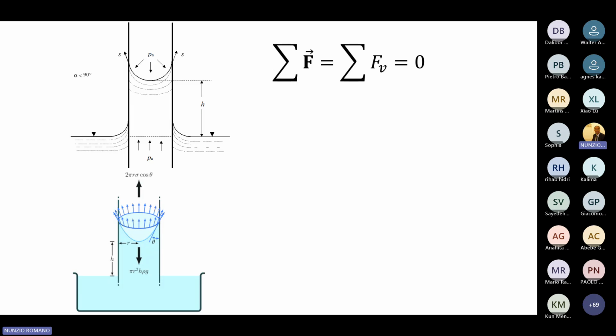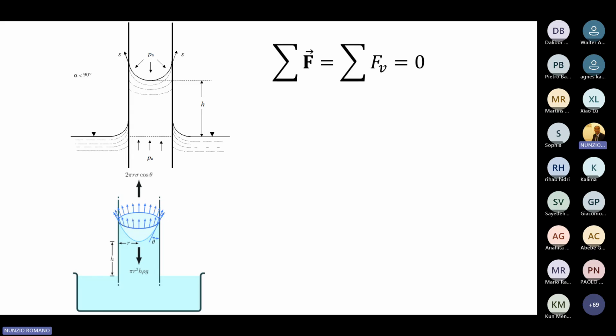The exercise is that we want to compute this capillary rise, h in the picture. As soon as we put the capillary tube into the water, the adhesion of water comes into play. So you can see the meniscus.